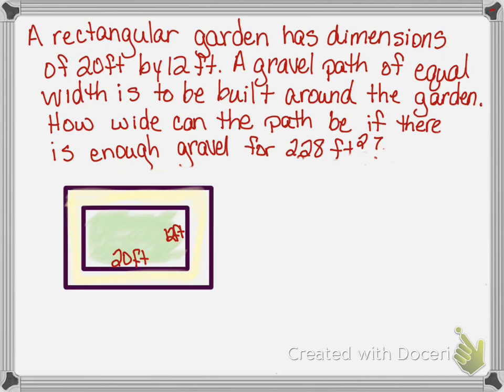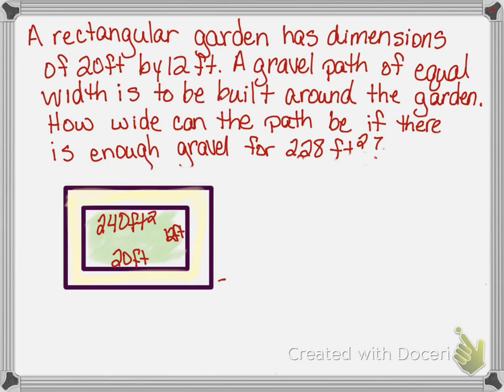Yes. How do I find that out? I multiply 20 times 12. So 20 times 12 is 240 feet squared, the area of the garden. That's where the soil is. That's where the roses are, the hydrangeas, the irises, or the stargazer lilies, or whatever.